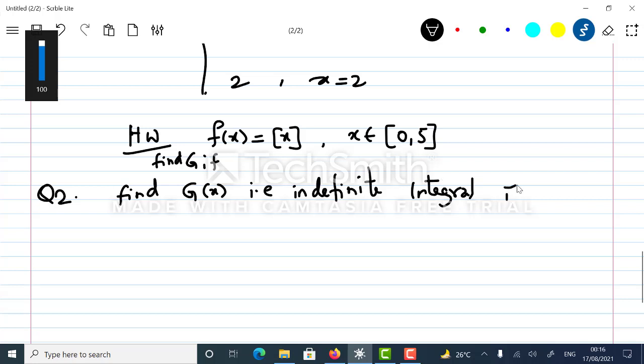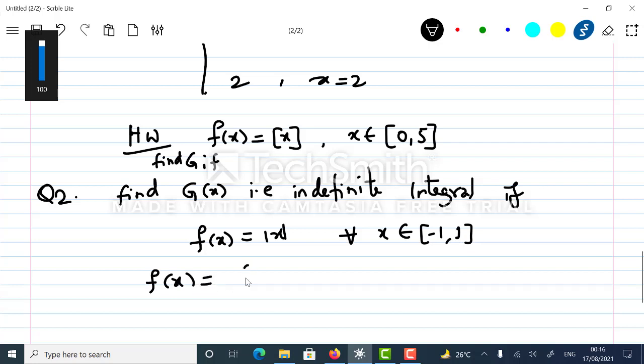So if my f of x is given as mod x for all x belongs to -1 to 1. Now it's very clear that we can write down f of x in the following way.